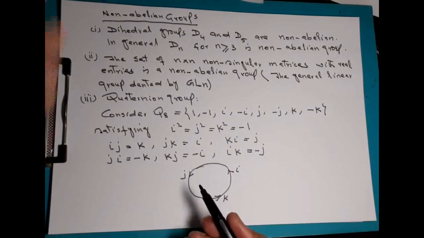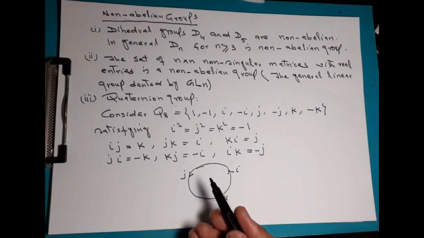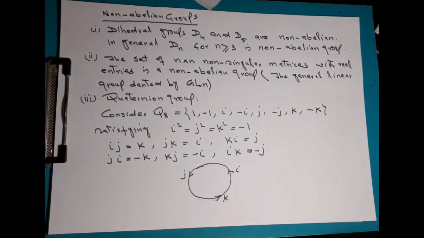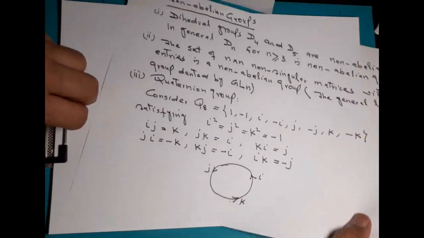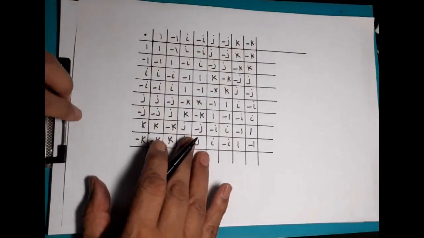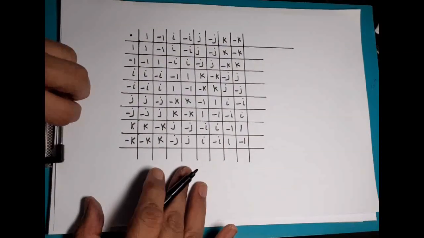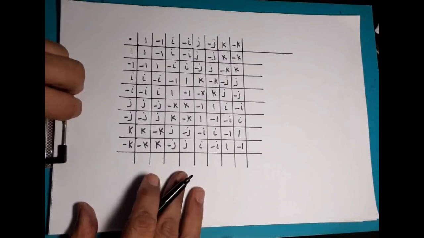To see how this set Q8 becomes a group, I have prepared the Cayley table for these elements. Let me show you that table. If I had to do it during the session, it would have taken a lot of time, so I have prepared it.